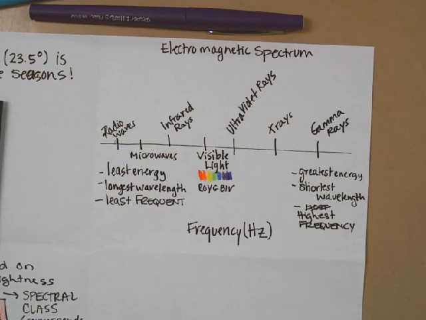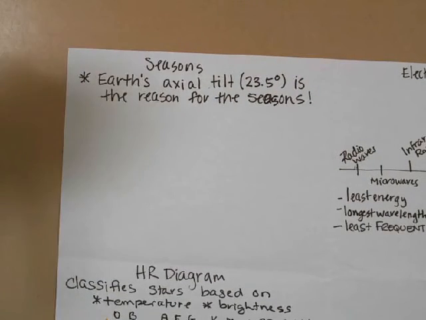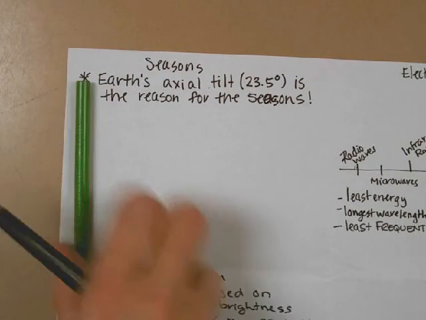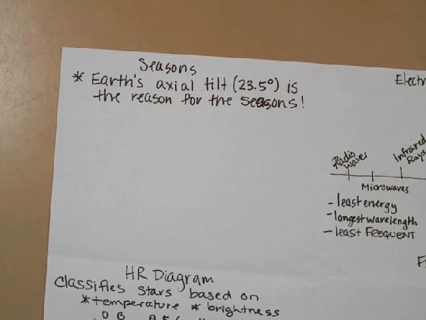All right, so being that we've done this, we're going to do one more thing, actually. We're going to finish this up. We're going to add, what were we going to add? Oh, a couple little tidbits about seasons real quick.